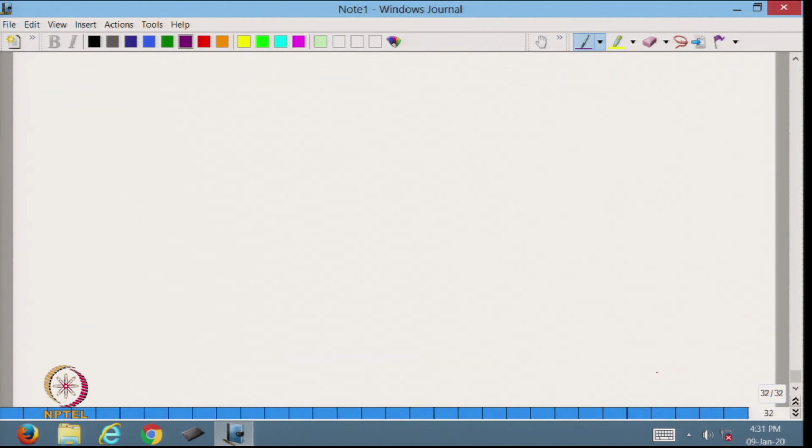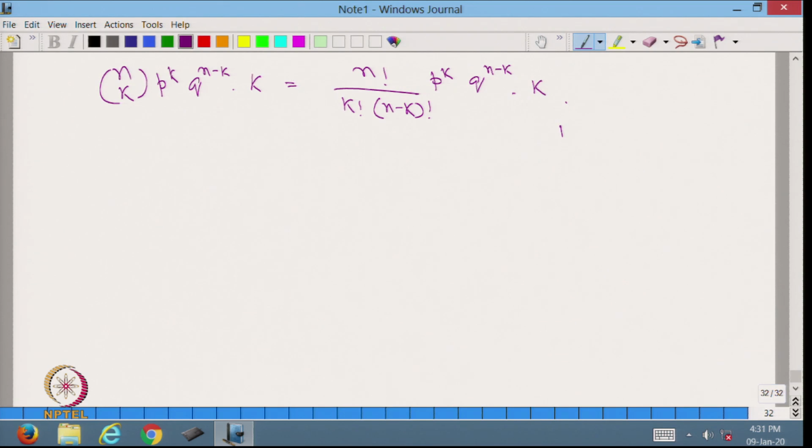So, let us expand the term. n c k p to the power k q to the power n minus k into k is equal to factorial n upon factorial k factorial n minus k p to the power k q to the power n minus k into k, k is equal to 0, 1 up to n. Now, this k cancels with this. Therefore, we can write n factorial upon k minus 1 factorial.